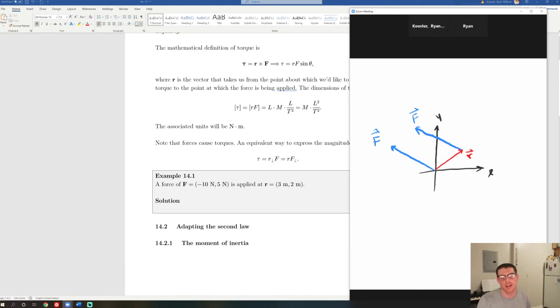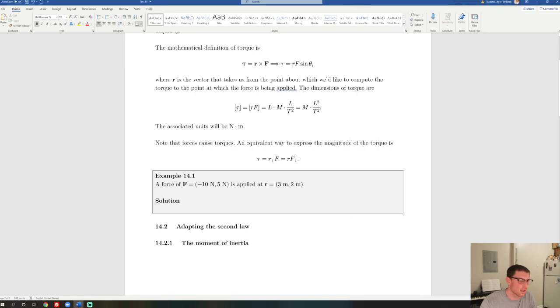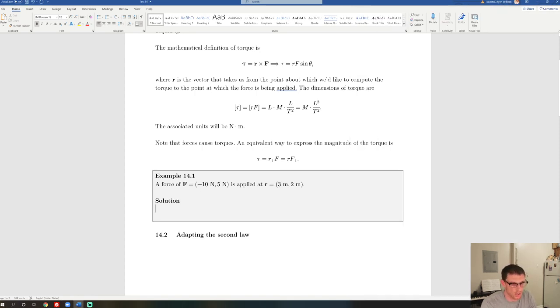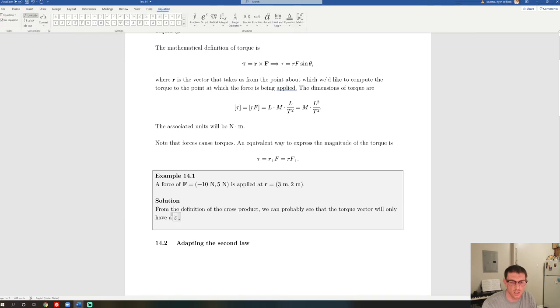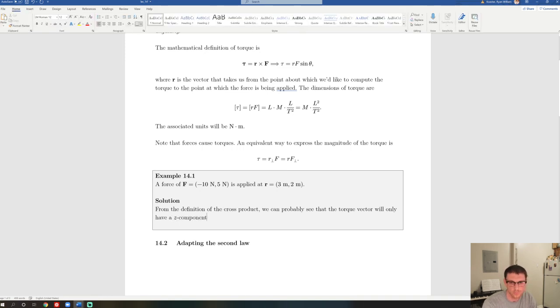So let's calculate that, and I'm going to do this via the component definition of the cross product, right? From the definition of the cross product, we can see that the torque vector will only have a z component. So we calculate it, right?